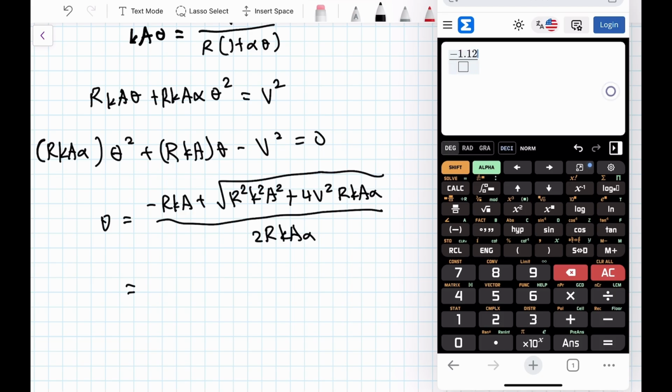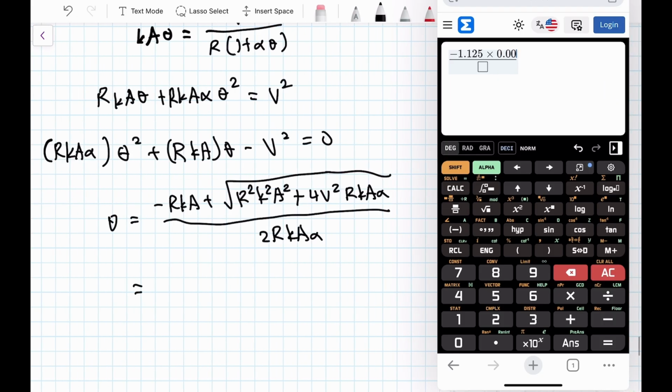So we have 1.125 multiplied by 0.0012 multiplied by 22, plus the square root of R squared, 1.125 squared multiplied by 22 squared multiplied by 0.0012 squared, and then plus 4 times 4 squared times 1.125 times 22 times 0.0012 times 3.3 times 10 to the minus 3.